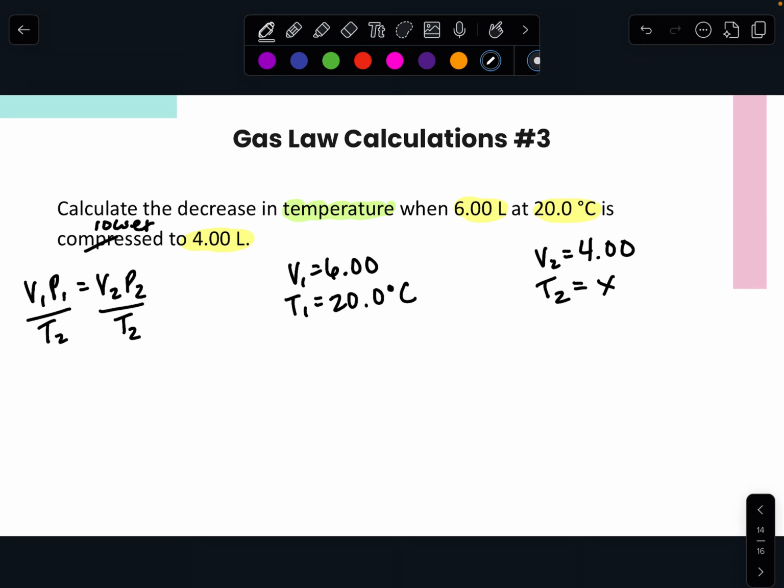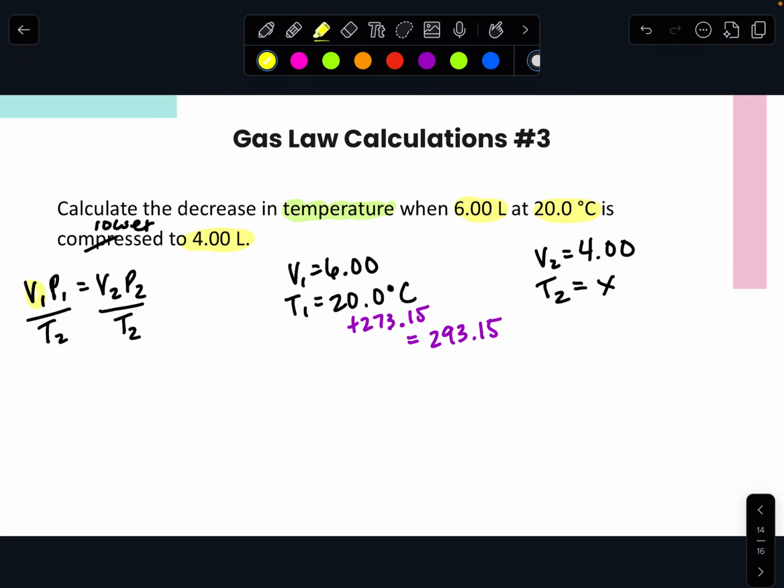So I can get ready to plug all of this in. But before I do, remember I have Celsius, and I need Kelvin because I have temperature. So remember, the way that I get that is I just need to add 273.15. So I end up with 293.15. That's my new temperature that I want to plug into my equation.